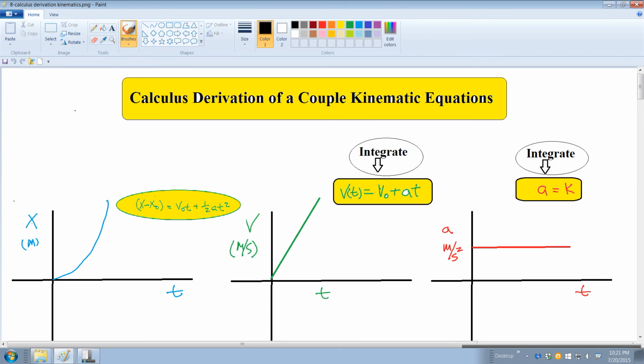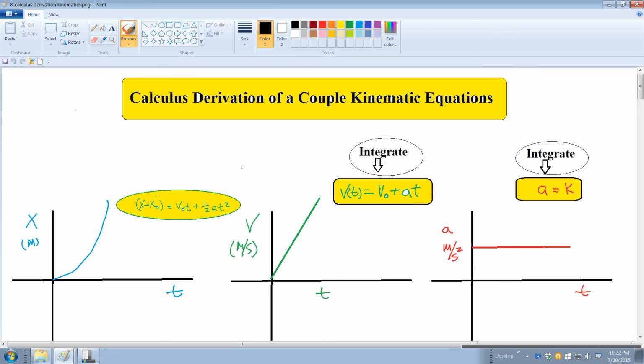Remember that kinematic equations are under constant acceleration. So we have acceleration is a constant, okay, and then we just integrate that equation, and when we get that equation integrated, we'll get this equation, then we integrate that, and we'll get that equation.